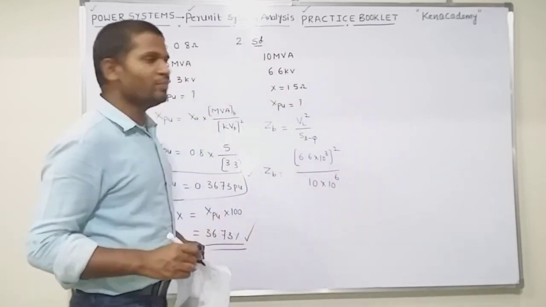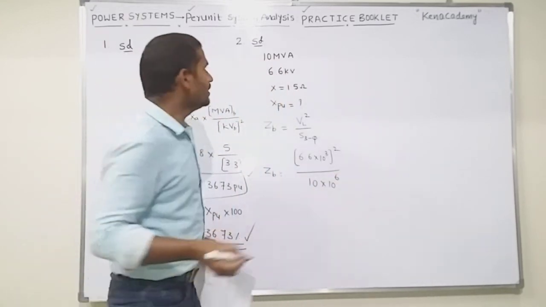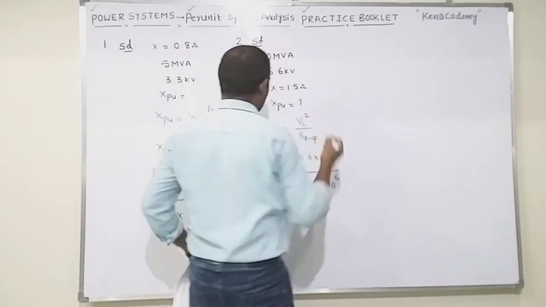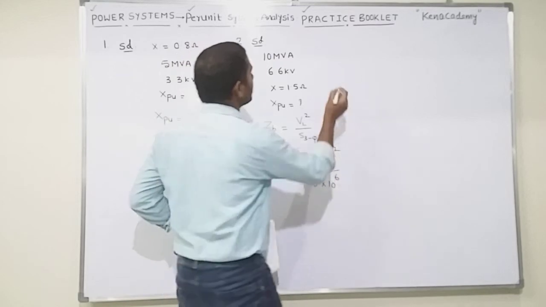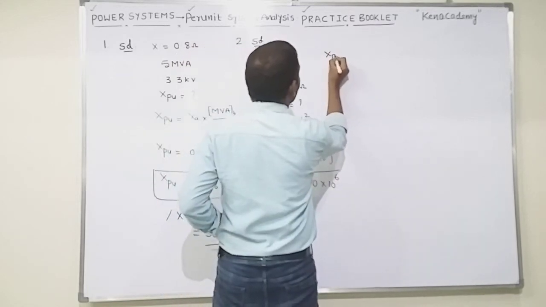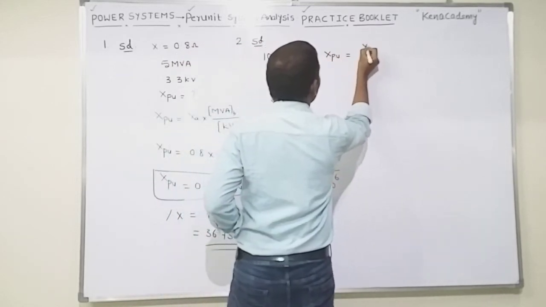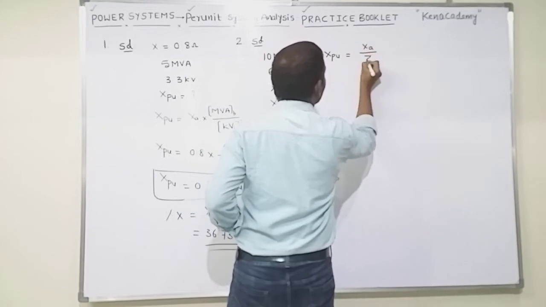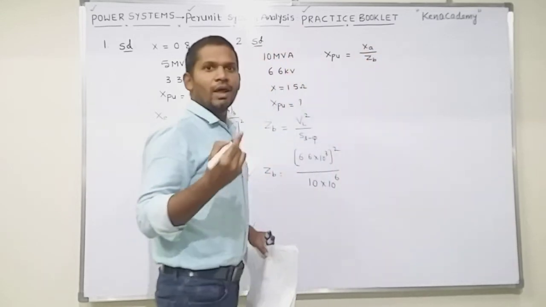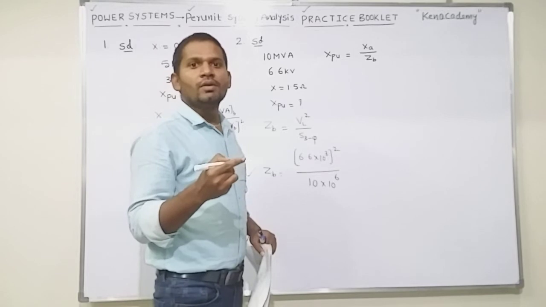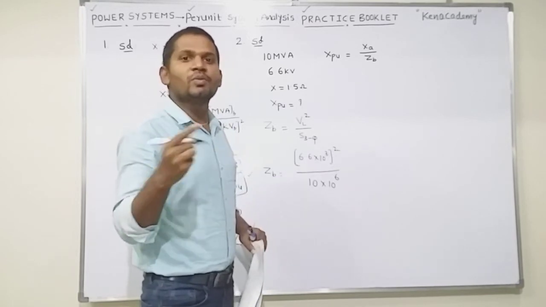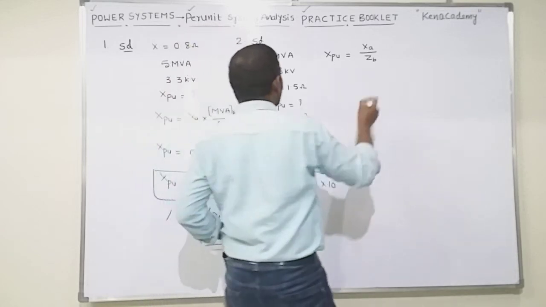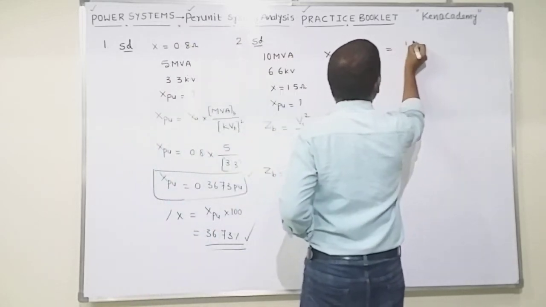Once you know the base impedance, how do you calculate the per unit reactance? Per unit reactance equals actual reactance by base impedance. I told you already, for reactance also the base is impedance only, and for resistance also the base is impedance. The actual reactance is 1.5 ohms.